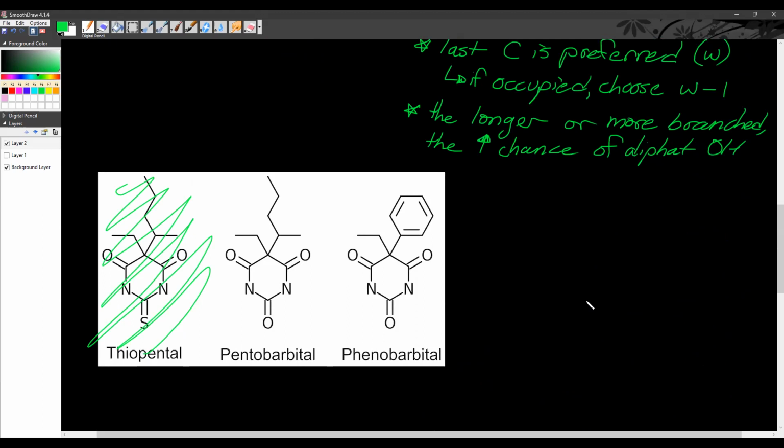What kinds of metabolisms would we expect for pentobarbital? So let me label some carbons for us. A, B, C, D, G, H.